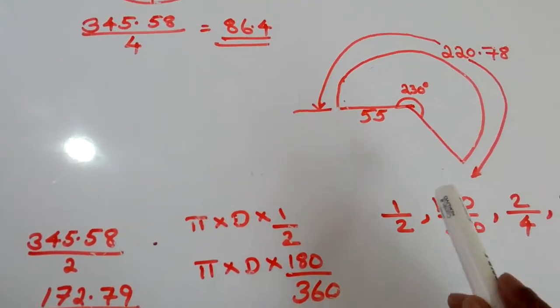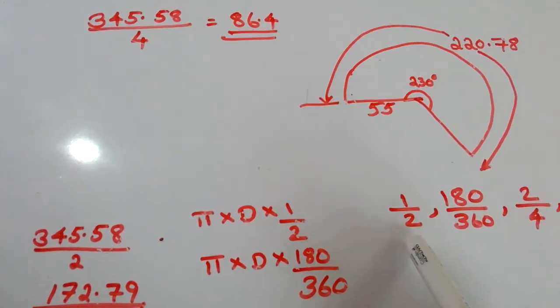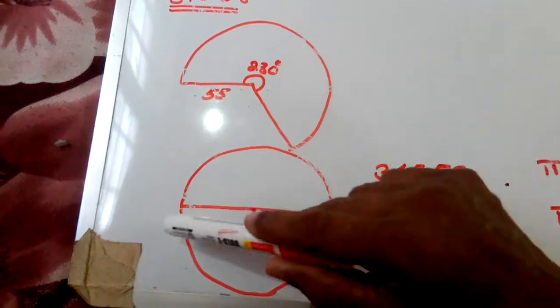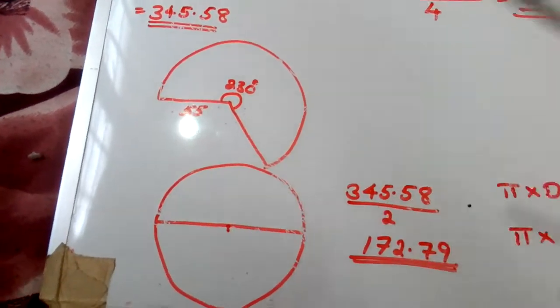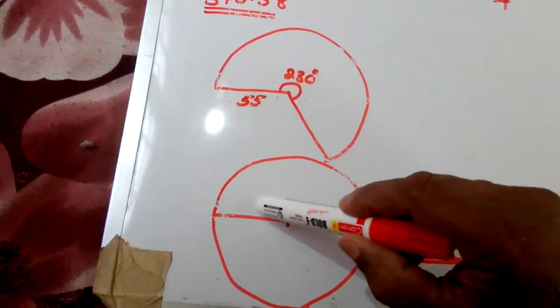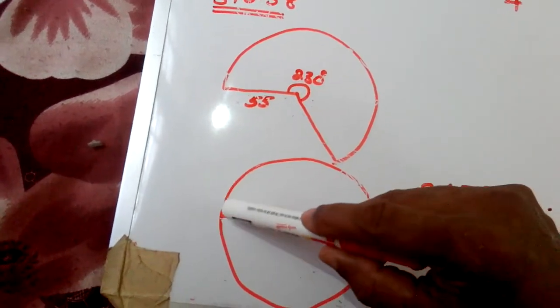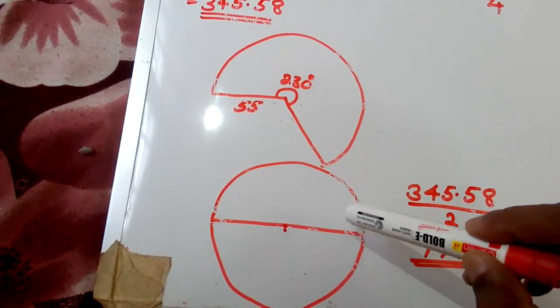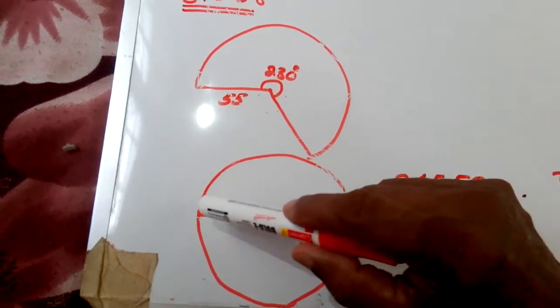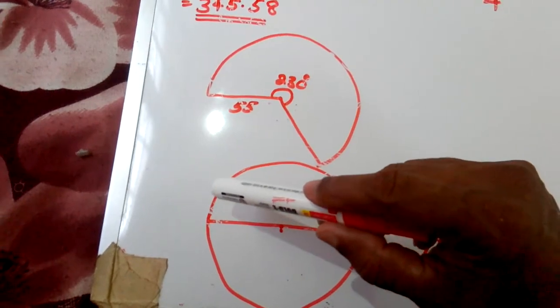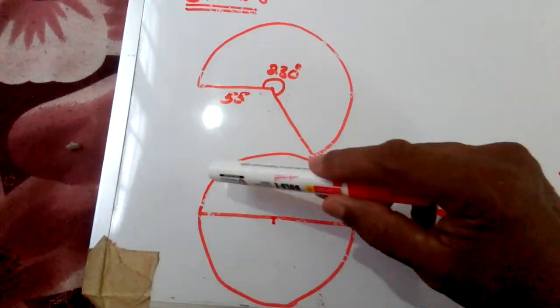The word 1 by 2 means it is 1 and the total is 2. In another way we can say this is 180. Earlier, if we say it is 1, instead of 1 we can say it is 180. If we say it is 2, we can say it is 360.